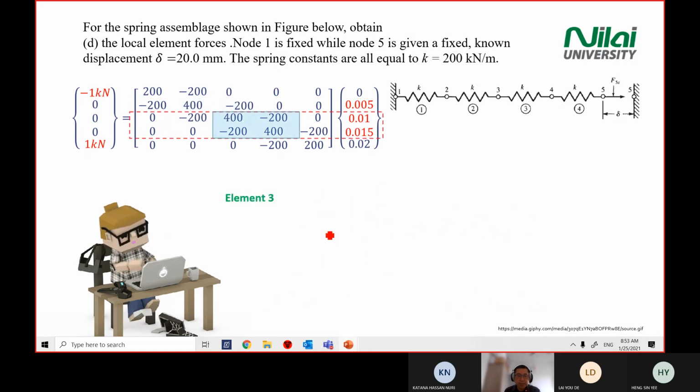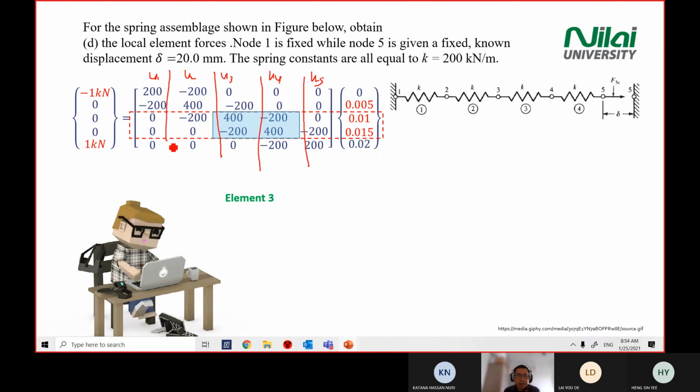For element 3, again you look for the overlapping of the row and column. In the global matrix you have U1, U2, U3, U4, U5, and if you break it into locations, it is the same. The overlapping of the locations is the one I highlight in blue. When you copy, be careful.